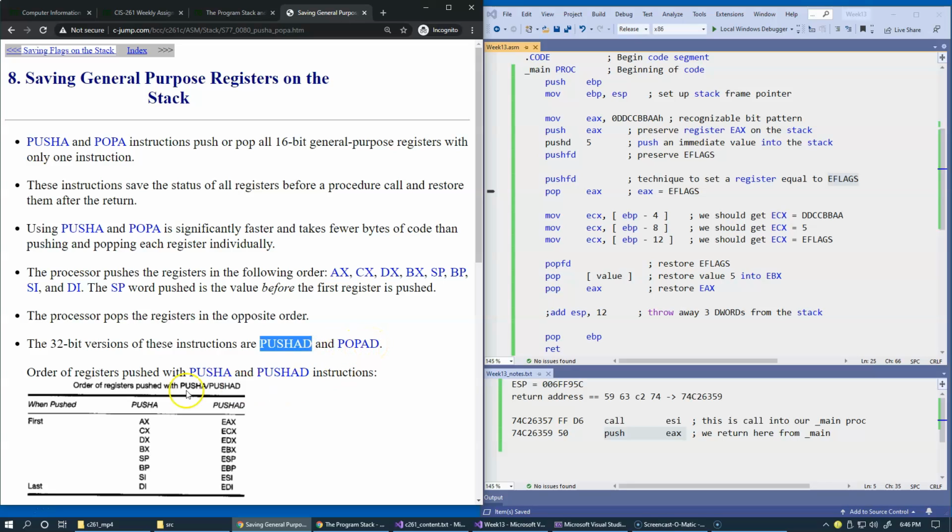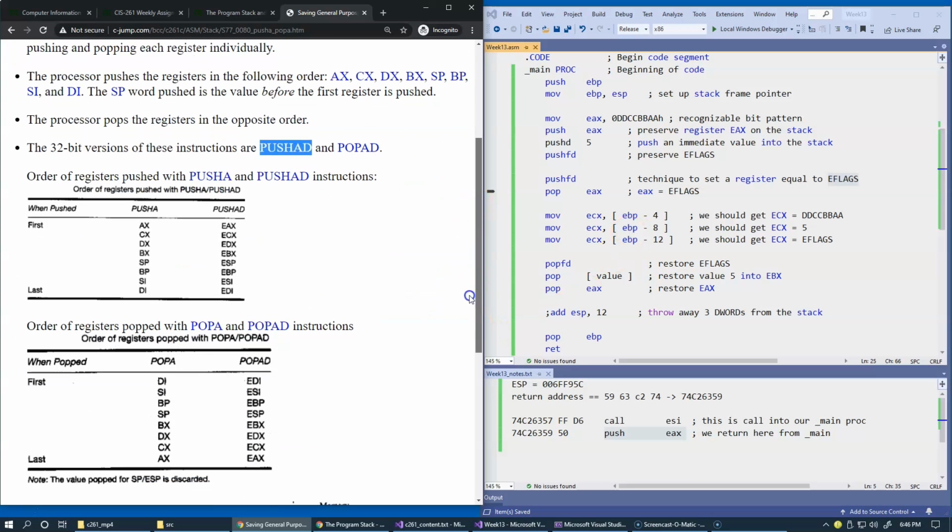The corresponding 16-bit commands are push A and pop A. If you'd like to save all the registers, we don't really have to do this in our code. This is not really necessary.